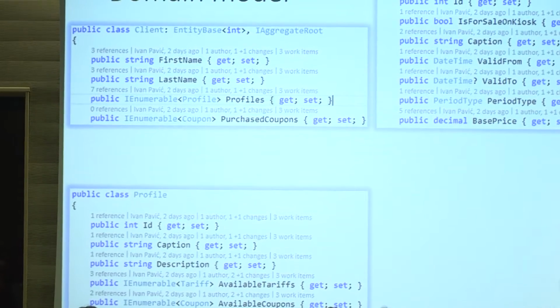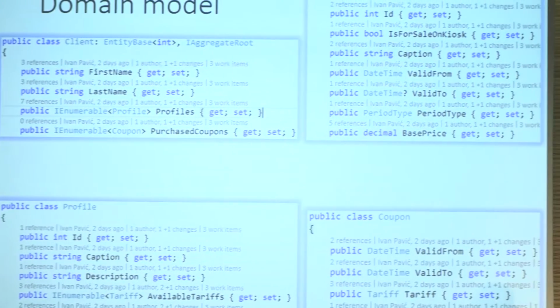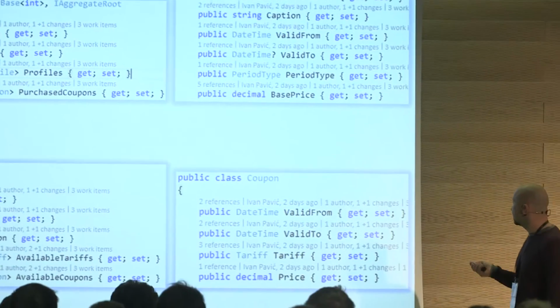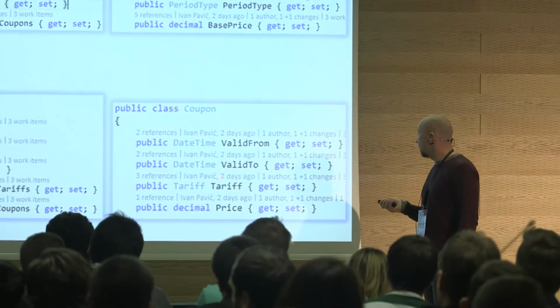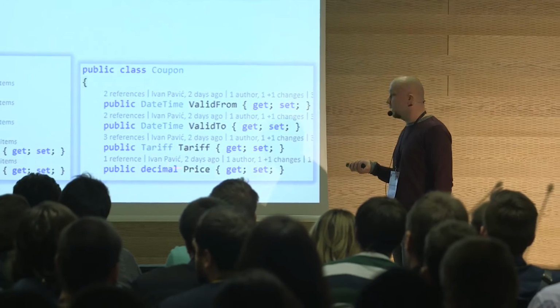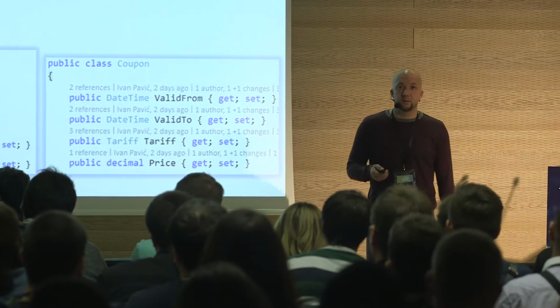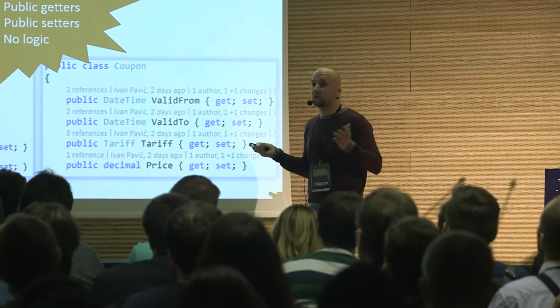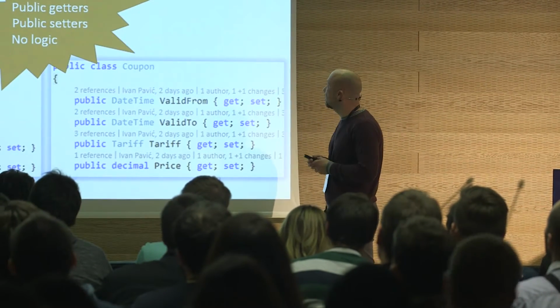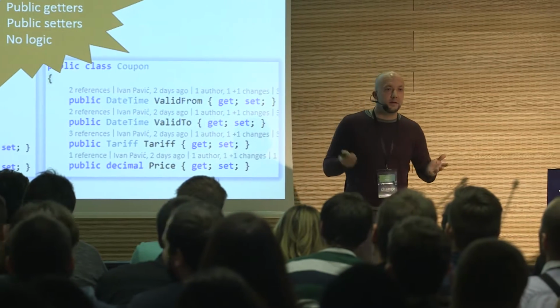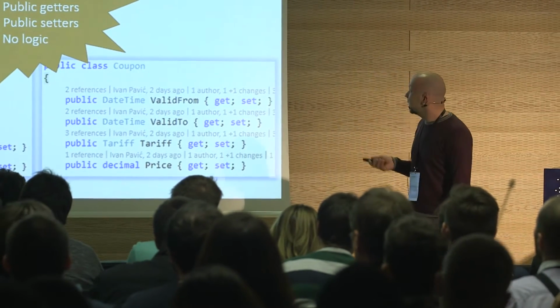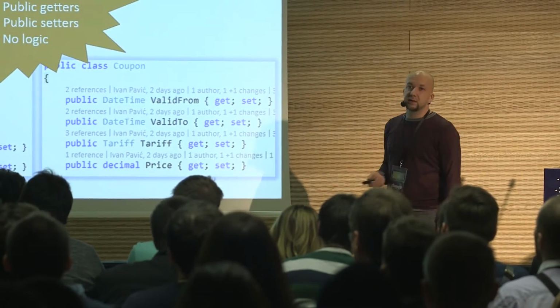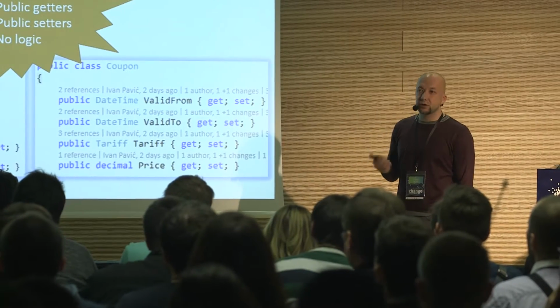Tariff looks a bit like this, and the main thing, this coupon has valid from, valid to, tariff inside of it, and the main thing is the price. As you can see, all these classes are called, I don't know, POCOs, dehydrated classes, and so on. They have public getters, public setters, and they contain no logic at all.